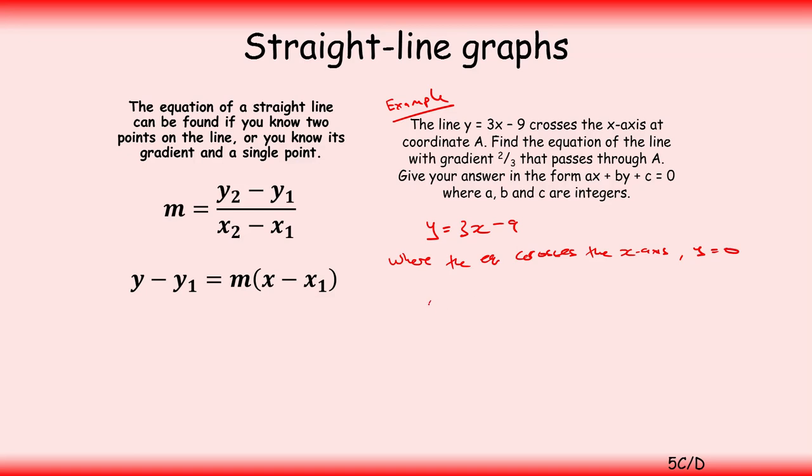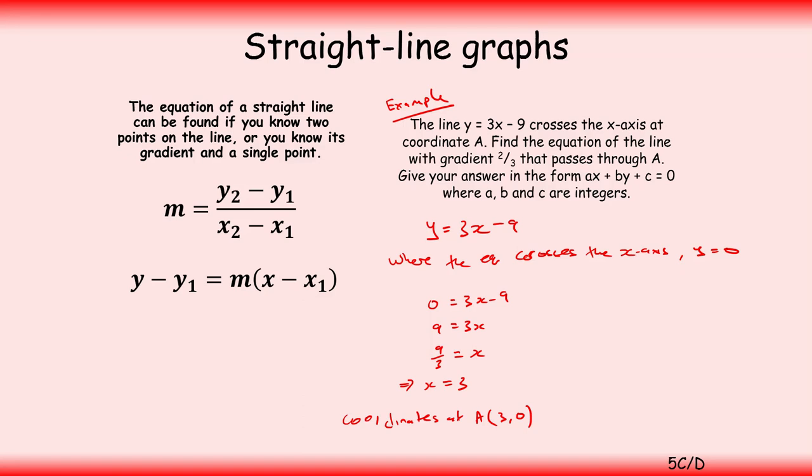So that means that 0 is equal to 3x minus 9, and so 9 is equal to 3x, and 9 divided by 3 is equal to x, which implies that x equals 3. So I've got coordinates then at A, and they're given by (3, 0). So I've got coordinates now passing through the line. Great.